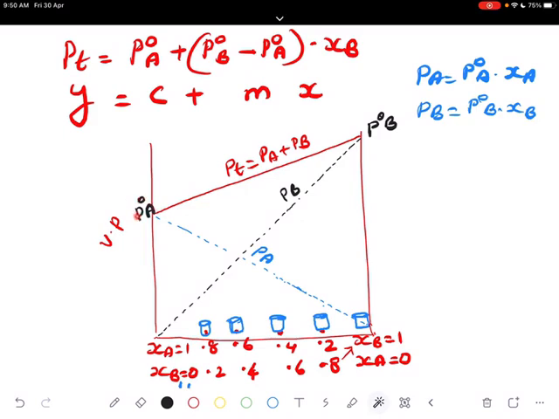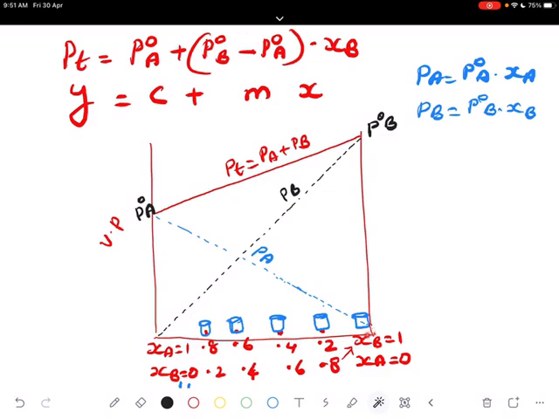The pure component. When you consider only A, see the concentration of A, here 0.8, 0.6, 0.4, 0.2, then 0. Now here XA is 0. XA 0 means that the A component is not present there, so the vapor pressure due to that is 0.